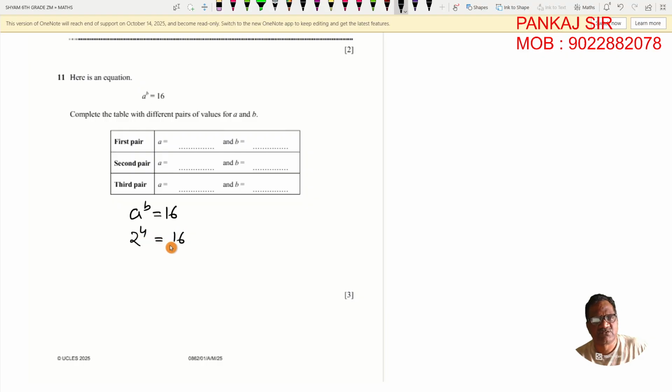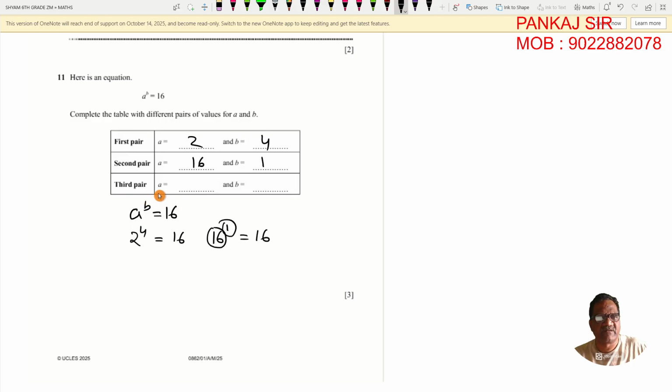So if you take a equal to 2 and b equal to 4, that is one possibility. Another is, if you take a as 16, then 16 raised to 1 is equal to 16. So a is 16 and b is 1. So this is also possible.